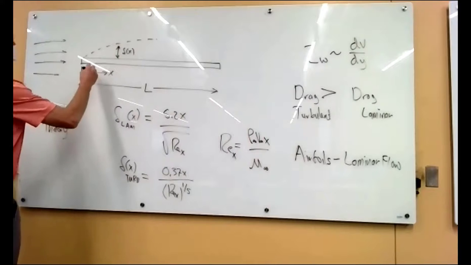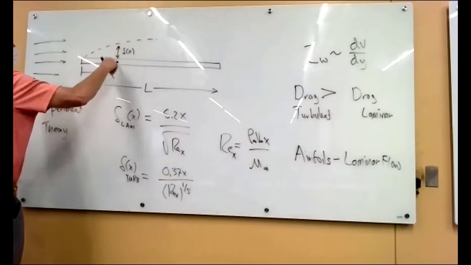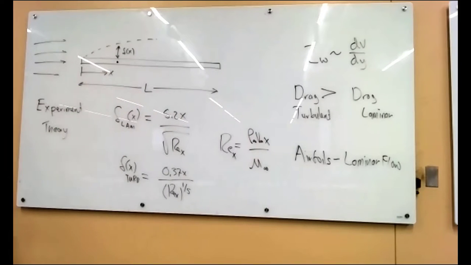So at any distance x down the flat plate, this formula gives you that boundary layer thickness. All right, so that's the boundary layer thickness.